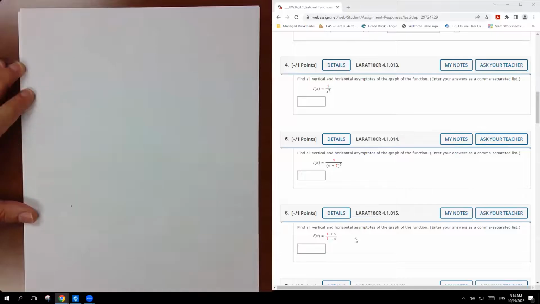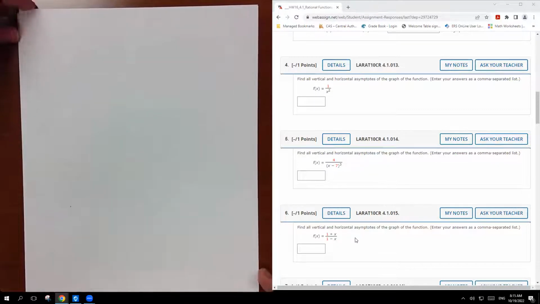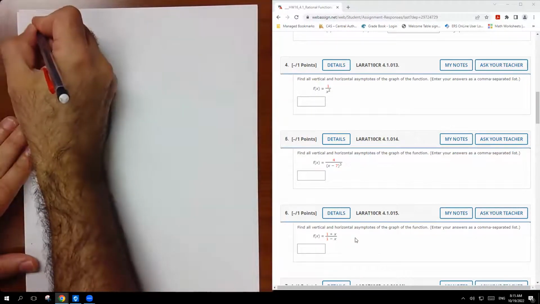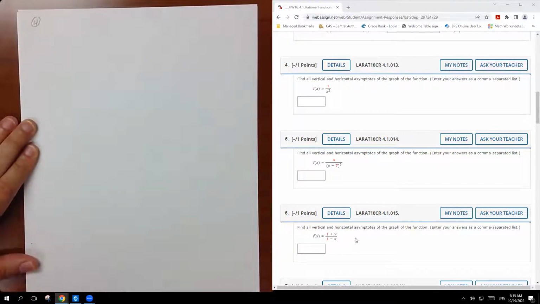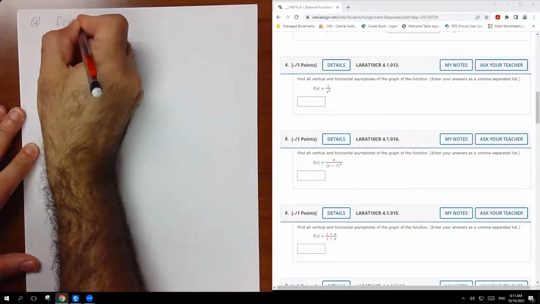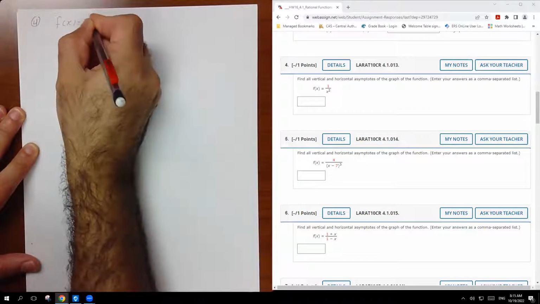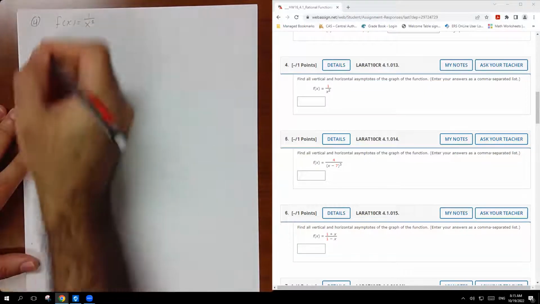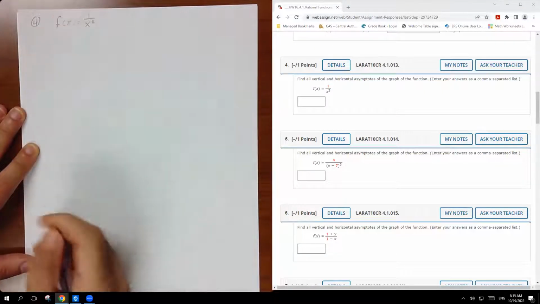Let's start with example 4. We have f of x equal 1 over x squared. Our goal is to find the vertical asymptote and the horizontal asymptote.